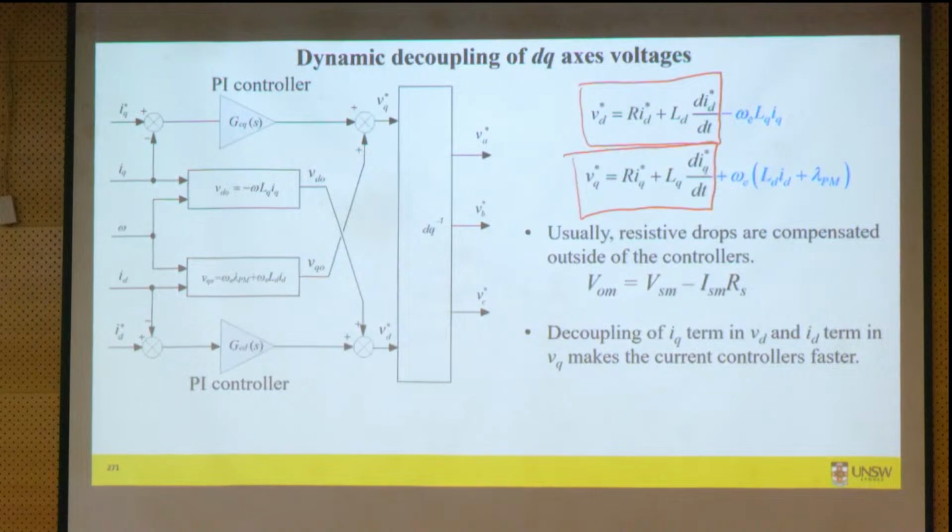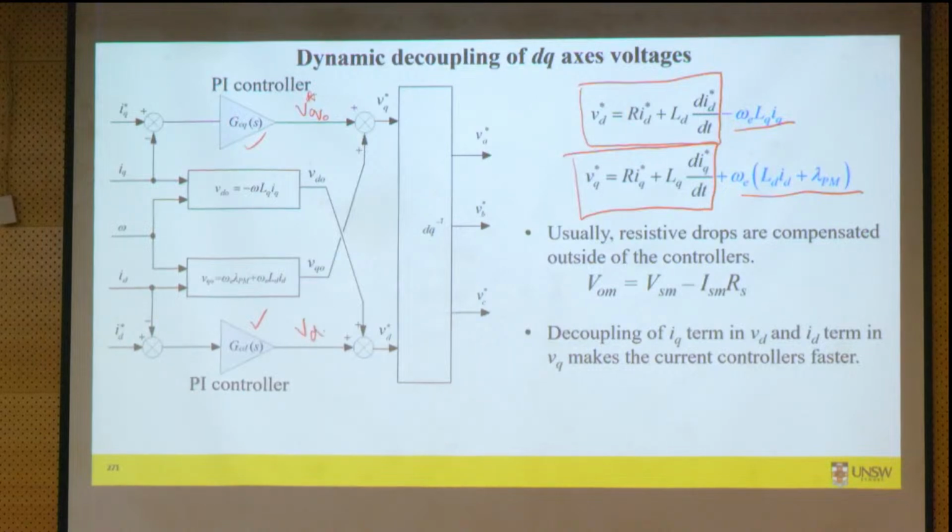The coupling term we ignore while designing the PI controller, and these two terms are added later to the output of the PI controller. So these are the Q axis and D axis PI controllers, and the output is a voltage. Let's call it VQ 0 or something.